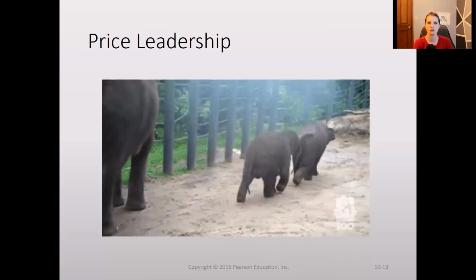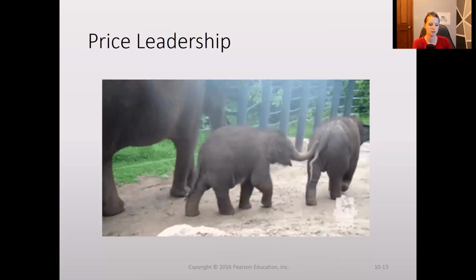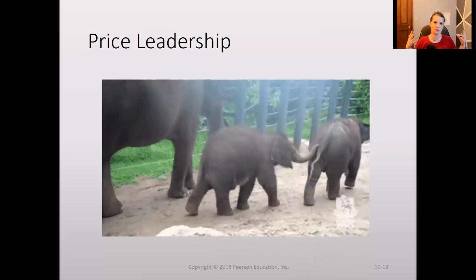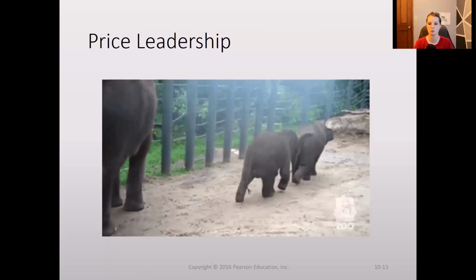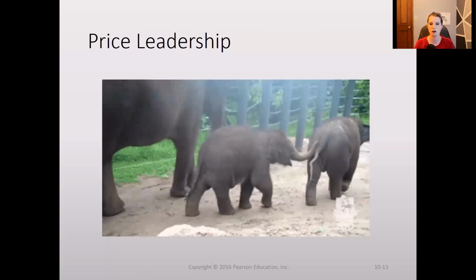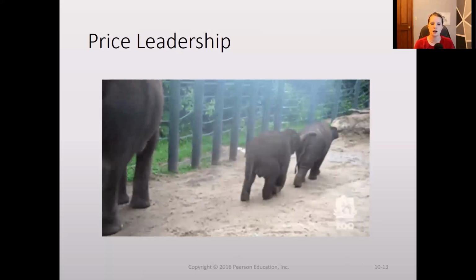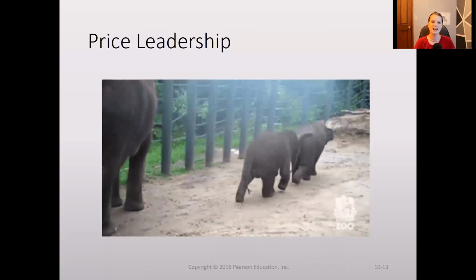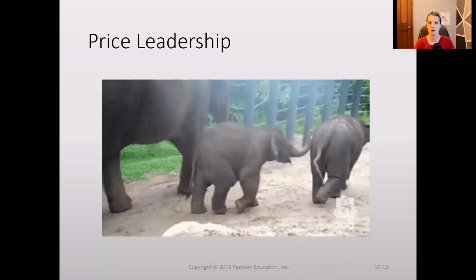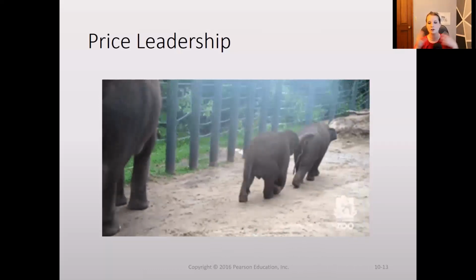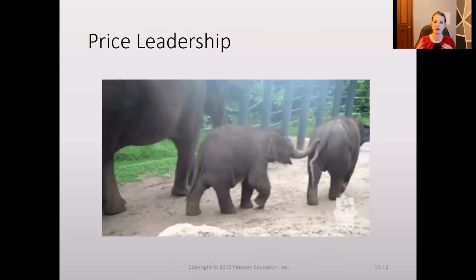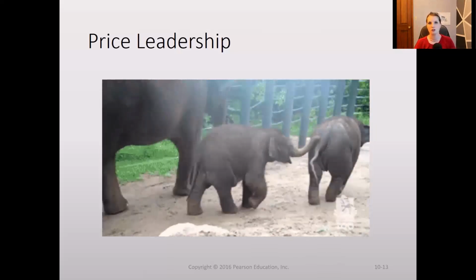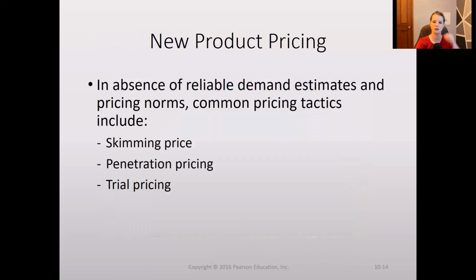You don't tend to see a lot of flights that are way, way more expensive if it's the exact same route or going to the same places. And so regardless of costs, they kind of follow each other around. And this can actually increase profits and margins for everyone across the board. Whereas when we have the cost leadership, that's really only benefiting one of the competitors, typically the market leader.